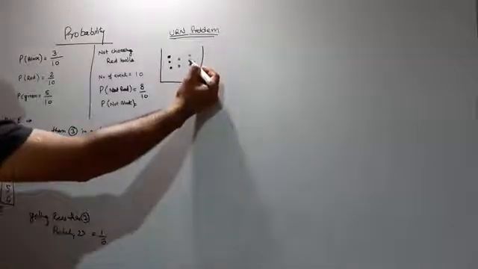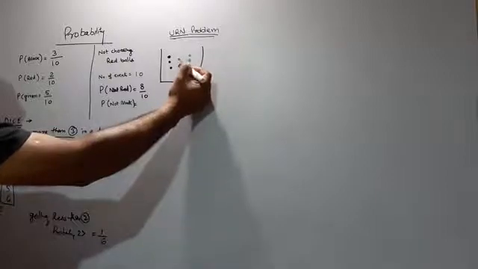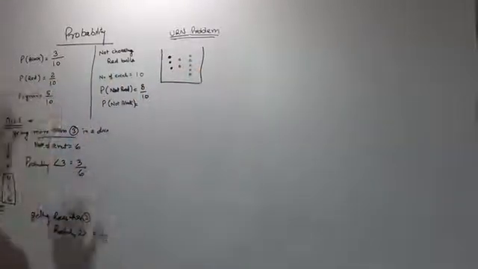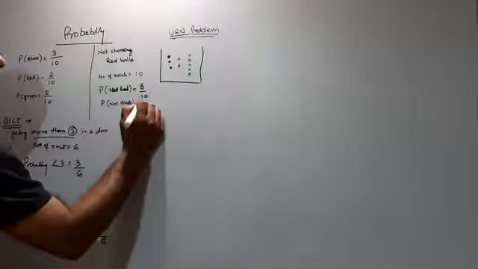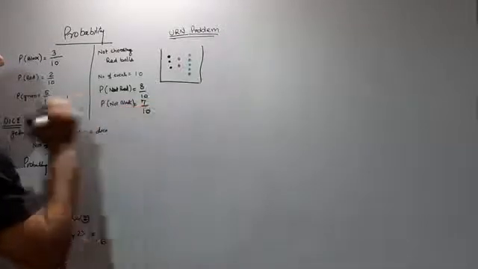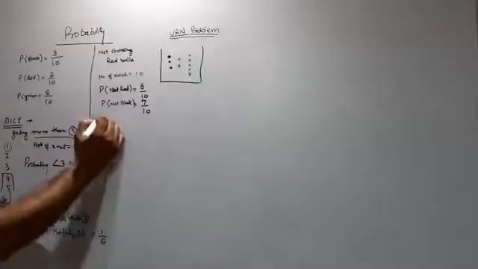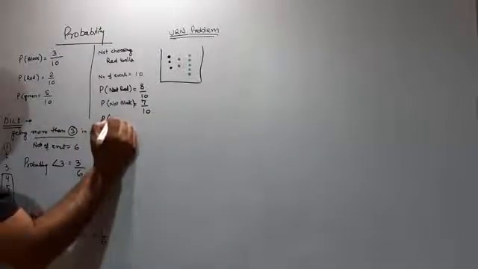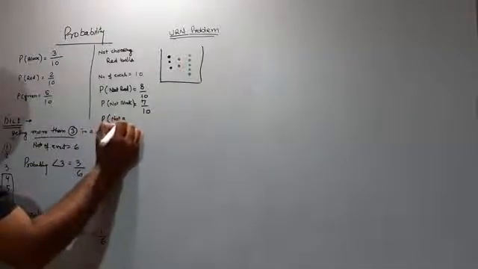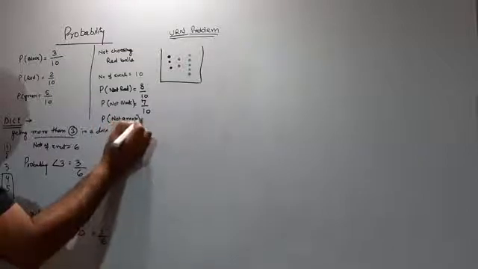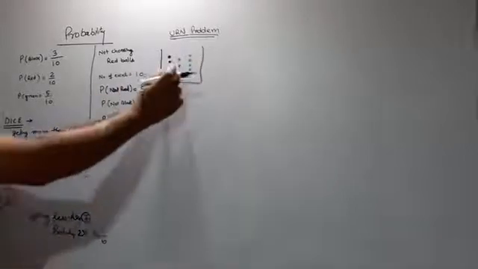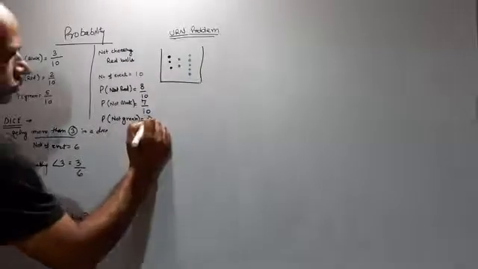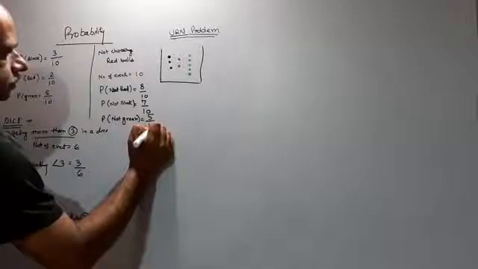Not choosing black balls will be counted like this: 1, 2, 3, 4, 5, 6, 7. 7 times you will not choose black ball. So the probability of not choosing black balls will be 7 upon 10. And similarly, not choosing green ball will be 5 times you will not choose green balls out of total events.